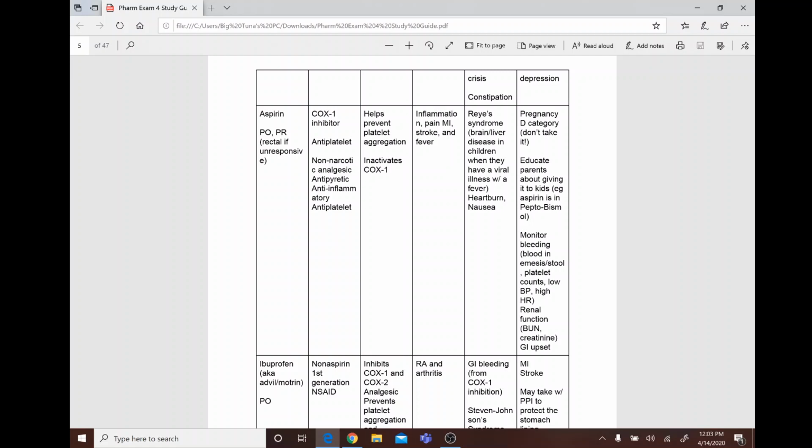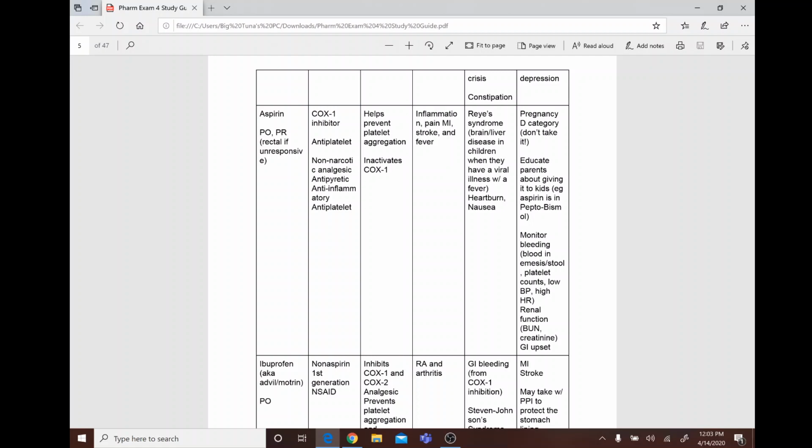What are the side and adverse effects of aspirin? Reye syndrome, so like a viral illness with a heartburn, and then nausea and heartburn as well.